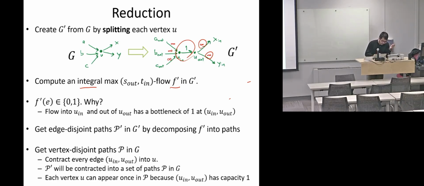You can construct vertex disjoint paths in G, just like for every path in this collection, we contract the in and out node into one node.